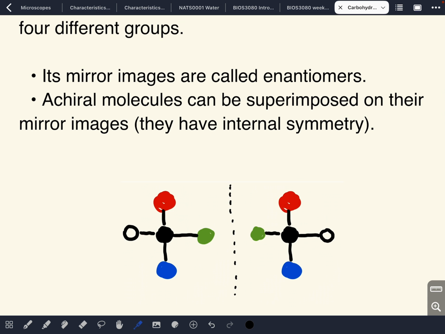These mirror images are called enantiomers. There's this specific term, which means they are two mirror images. And achiral molecules, which don't have these chiral centers, can be superimposed on the mirror images because they've got an internal symmetry.